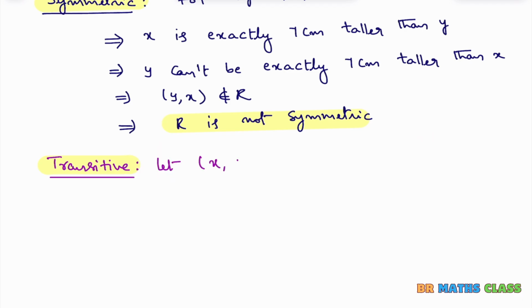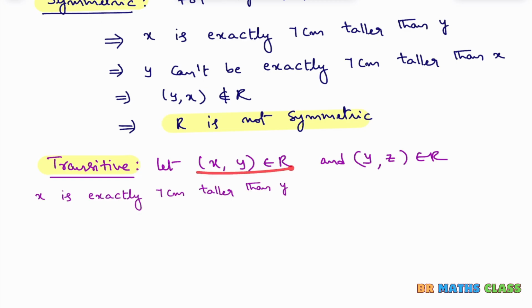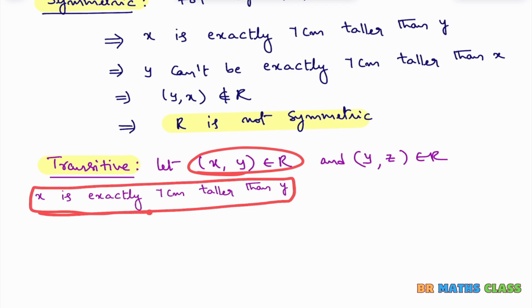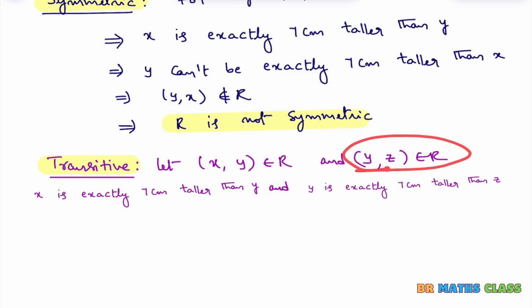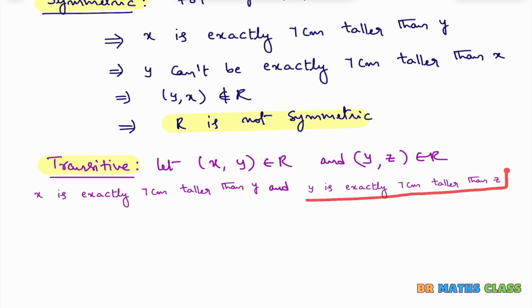I'll take (x, y) in R and (y, z) in R. (x, y) in R represents that x is exactly 7 centimeters taller than y. (y, z) in R represents that y is exactly 7 centimeters taller than z.